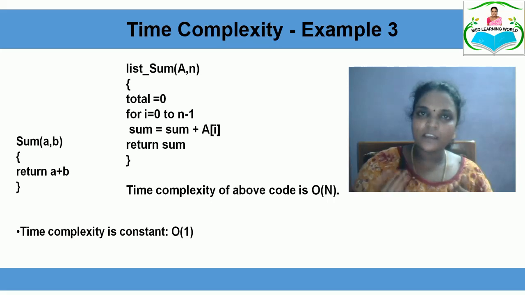In the second function definition, the parameters are an array and the number of values present in the array. This function performs the addition of all the values present in the array, and the final added value is stored in the variable sum. The statement is going to be executed n number of times.